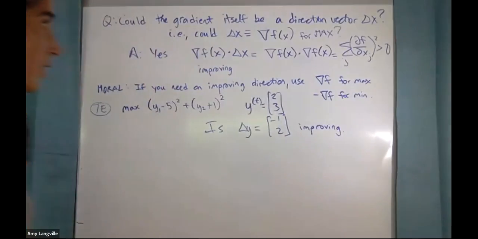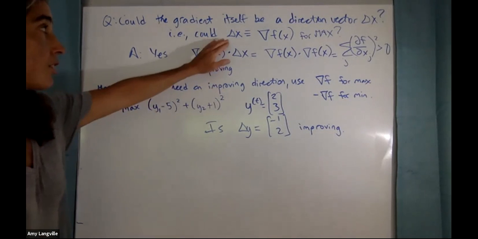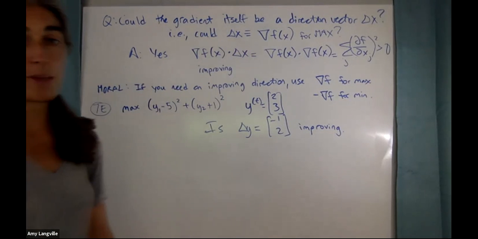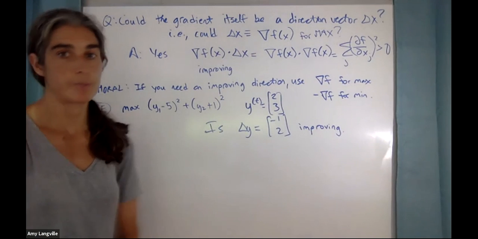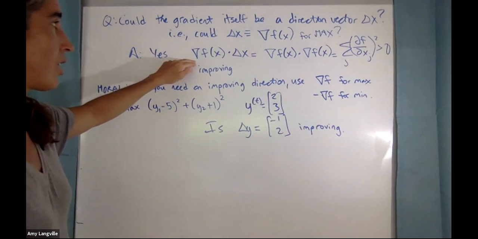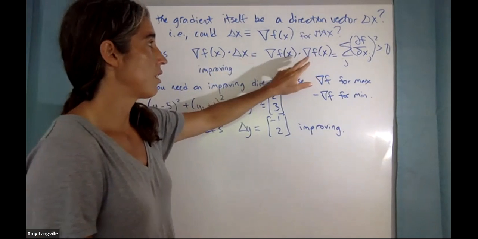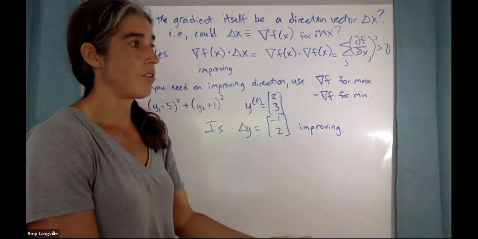Okay, let's take a look at this question. Could the gradient itself be a direction vector? That's saying, could you set your delta x to be the gradient for a maximization problem? Would that be a good idea? Here's the proof that it's improving: the gradient dotted with the direction vector. We set delta x to be the gradient, so we're really dotting the gradient with itself.